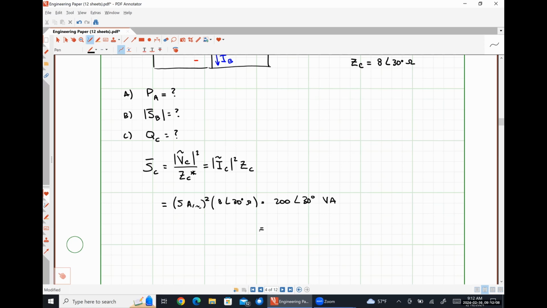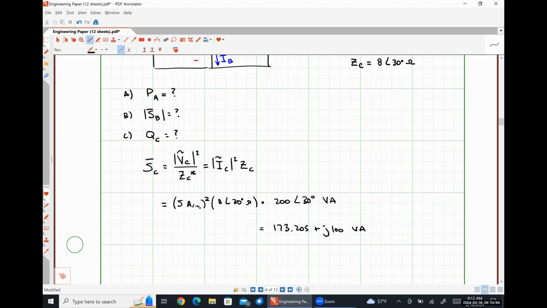I don't know what cosine of 30 degrees is off the top of my head, so I'm going to get a calculator. So 200 angle 30 expressed in rectangular form looks like 173.205 plus J100 volt amperes. So we figured out what the complex power is.